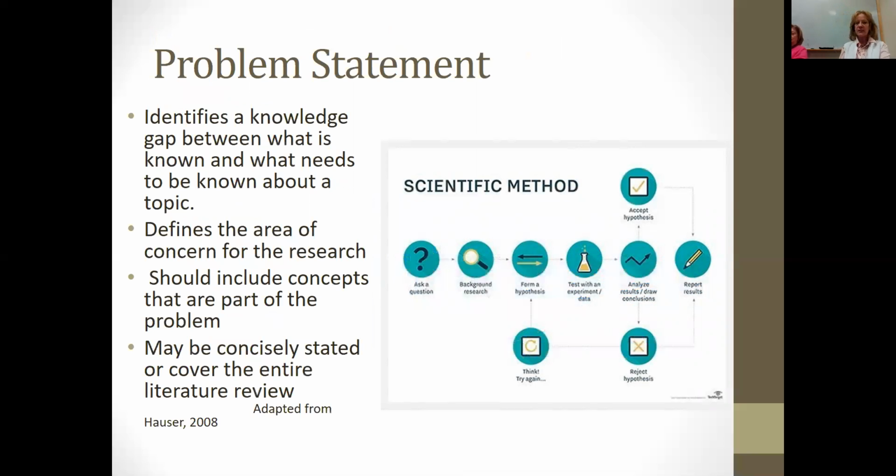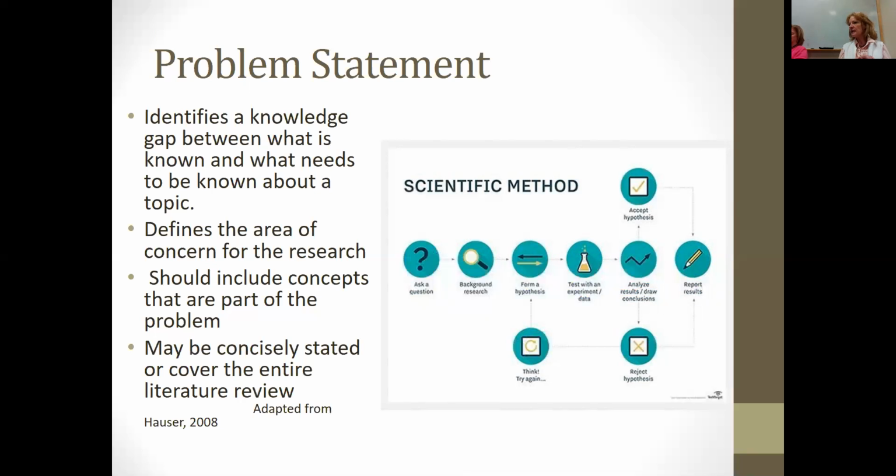So your problem statement's going to identify a knowledge gap. What do we know? What don't we know? And what do I want to explore? And then defines the area of concern for the research. And that might be things like prevalence and importance, and sometimes it involves cost. And it should include the concepts that are part of the problem.